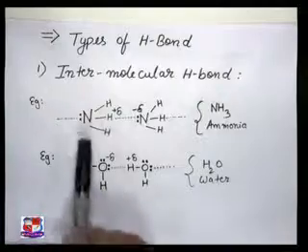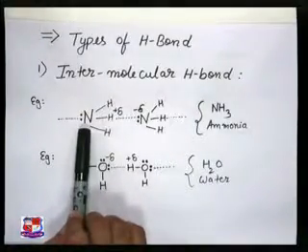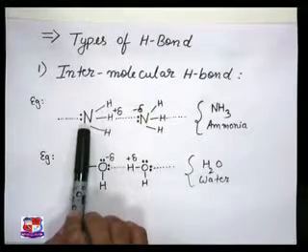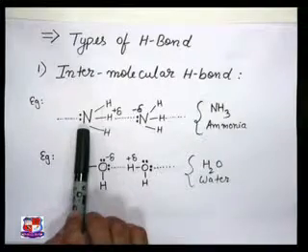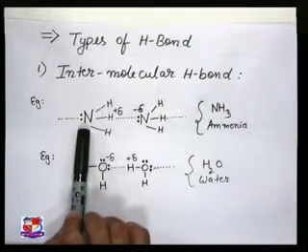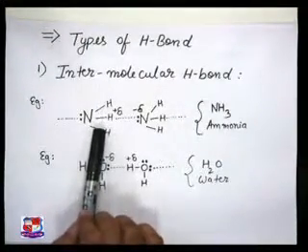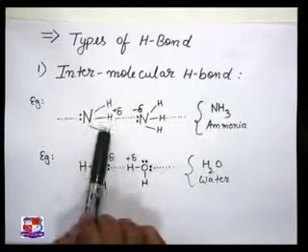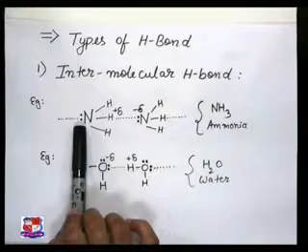Here let us take the example of the ammonia molecule. Nitrogen has atomic number 7, so the configuration will be 2, 5. So it will have 5 valence electrons. Out of that, 3 electrons are used up in forming bonds with the 3 hydrogen atoms, and 2 electrons remain unpaired.